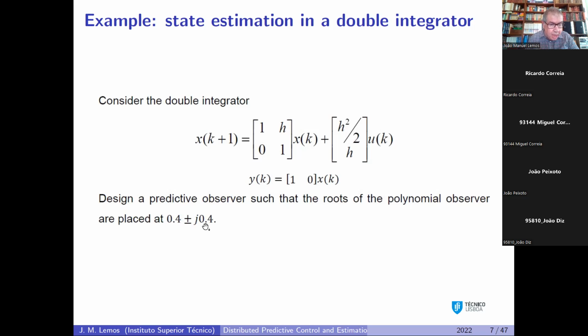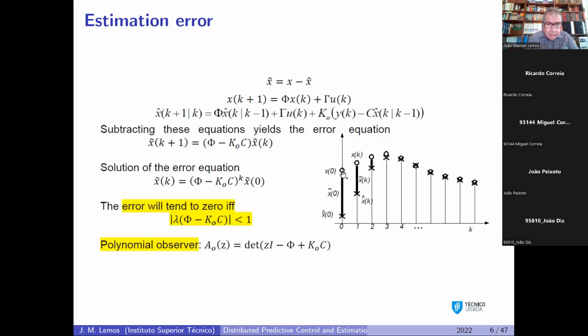Saying that I want my eigenvalues to be 0.9 is not a good choice, because the error will evolve as the power of these values. And if the value is quite close to 1, it decreases very, very slowly. So this means that these error bars are going to decrease very slowly. It takes a long time to have a good estimate.